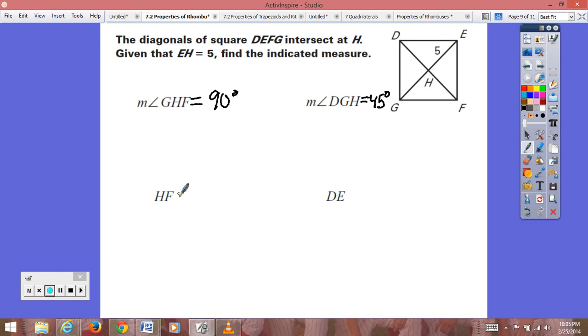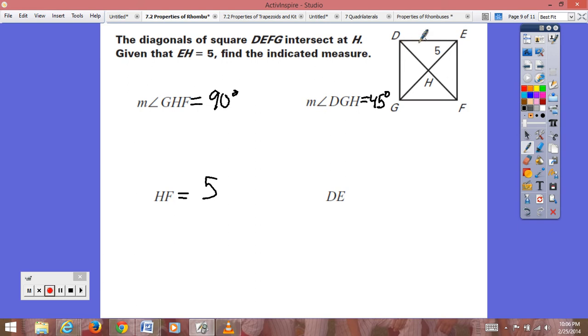Now the measure of segment HF. We see that this is one of the diagonals, and we know that all four of these diagonal segments are congruent, so we know that HF is going to be 5.